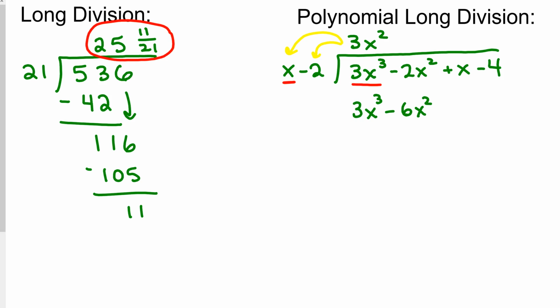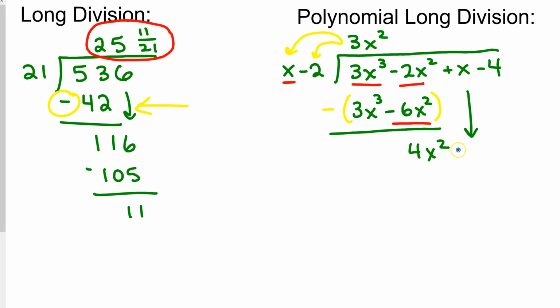And remember what we did over here after we wrote it down? We subtracted. So we're going to subtract. I like parentheses around it to remind me to distribute the minus. So 3x cubed minus 3x cubed is 0. Negative 2x squared minus negative 6x squared is 4x squared. You write it down and you bring down the next one.